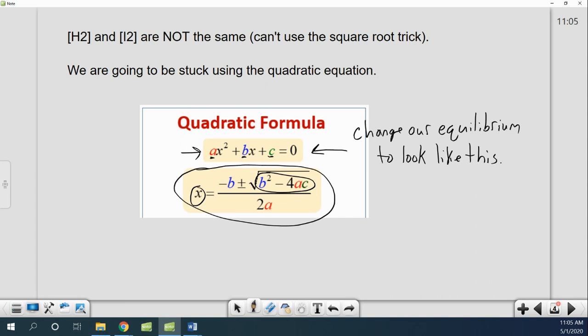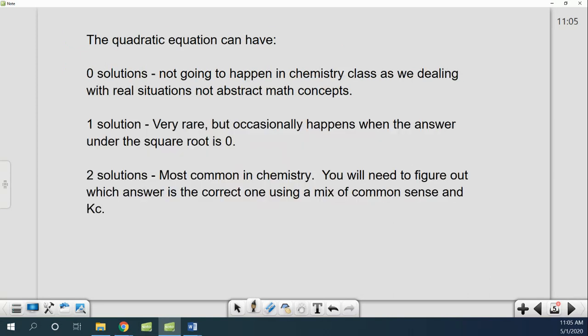It doesn't work unless you go into imaginary numbers and complex math, which are abstract math concepts. We're dealing with real physical stuff. It cannot happen in chemistry. So this should never, ever be negative. They call this section the determinant, and it should never be negative. If it is, you're going to have to go back and check some calculations.